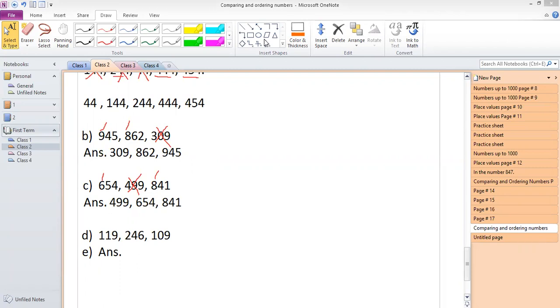Abdul Rauf, very good. Azam Saleh, why 654? There is no 654. You have to arrange 119, 246, and 109 from smallest to largest. Anas Fahad, very good.